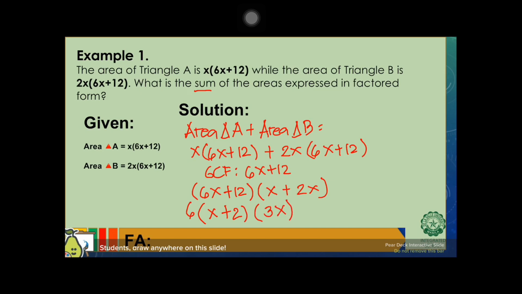Then finally, you multiply 6 and 3x, you end up having 18x multiplied by your remaining factor, which is x plus 2. And for our final answer, the area of triangle A plus the area of triangle B is equal to 18x multiplied by x plus 2 square units.